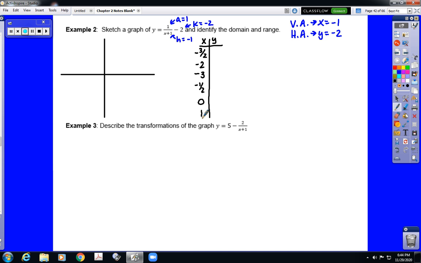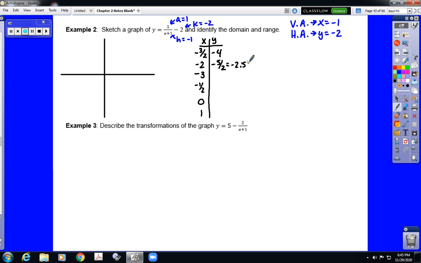That's 1 divided by negative 3 halves plus 1, which would be 1 divided by negative 1 half, which would be 1 times negative 2, or negative 2. Minus 2 would be negative 4. Plug in negative 2. We get negative 1 half minus 2, which would be negative 5 halves. Plug in negative 3.